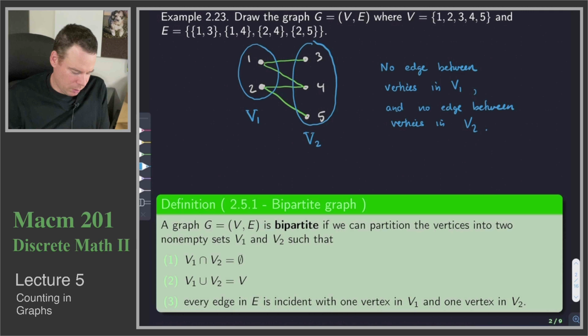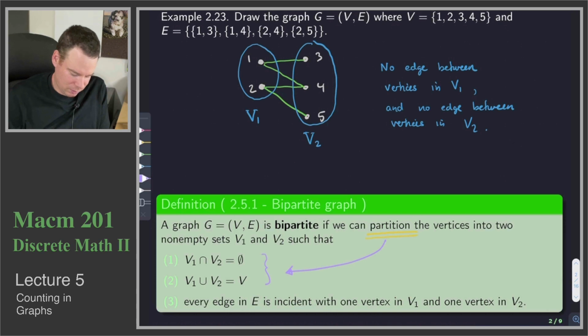So our definition is below. What is a bipartite graph? It is a graph where we can partition the vertices into two non-empty sets which satisfy the following. The conditions are that V1 intersect V2 is empty, so these are disjoint sets, and they unite to all of V. That's really what we mean by a partition.